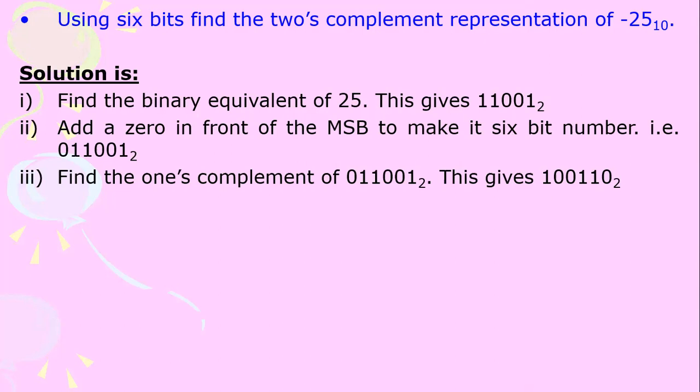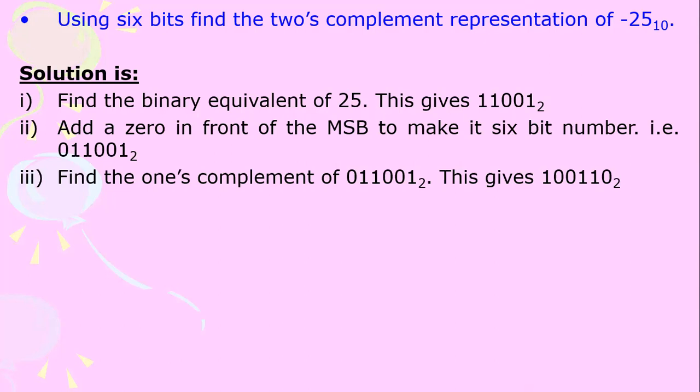So this means that we replace zeros with ones and ones with zeros. This gives us 1, 0, 0, 1, 1, 0 binary.